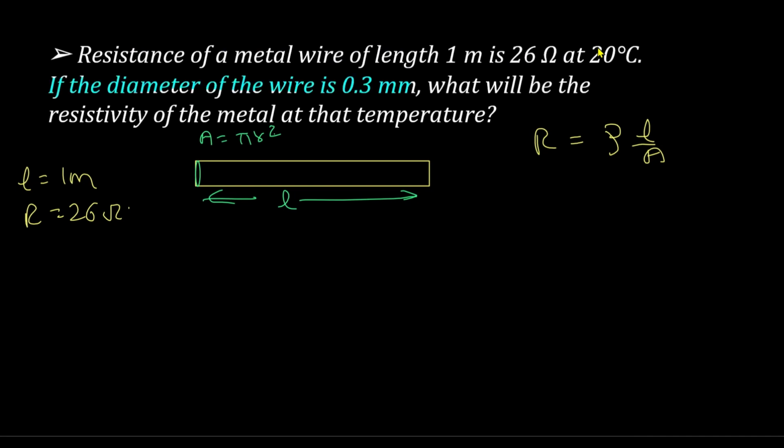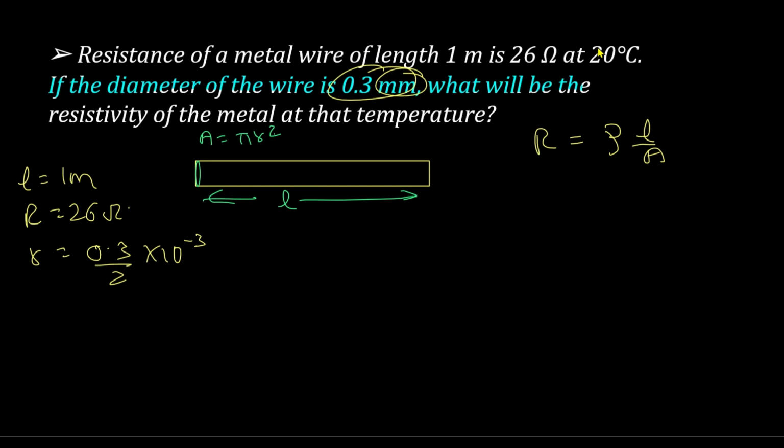If the diameter of the wire is this much, as I said, we are looking for this area, so I need r. The radius will be half of this, so 0.3 over 2. And it's in millimeter, so we need to convert it to meter by multiplying with 10 raised to the power minus 3, or dividing by 1000.